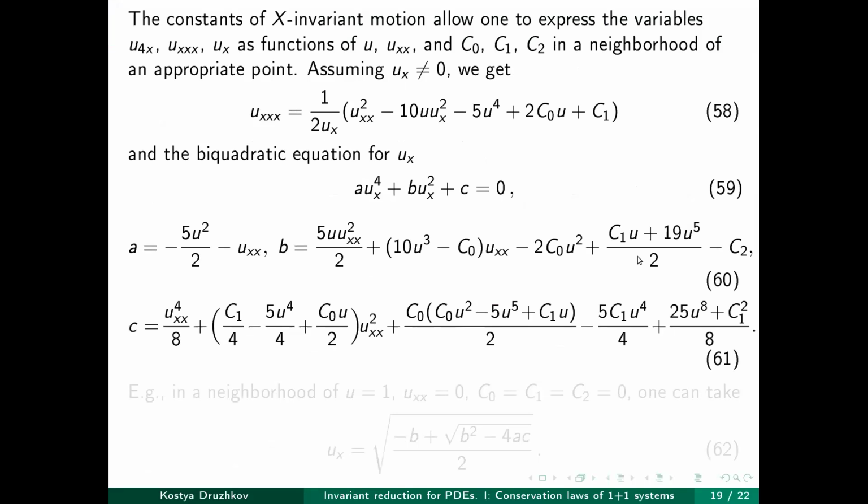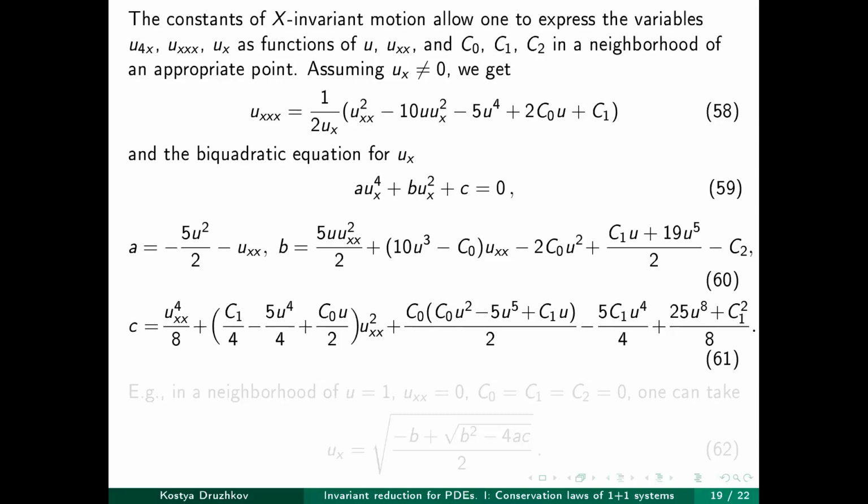But let's finish with this example first. The constants of x invariant motion allow one to express the variables u4x, u3x, and ux as functions of u and uxx, and these arbitrary constants, in a neighborhood of an appropriate point. One of these constants of x invariant motion gives us formula 58, so we can eliminate the third order derivative with respect to x.